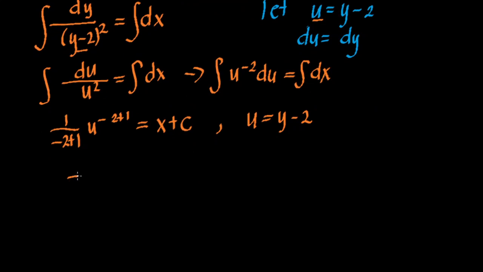So 1 over negative 2 plus 1 is just negative 1, so we'll have negative 1 here as a whole.